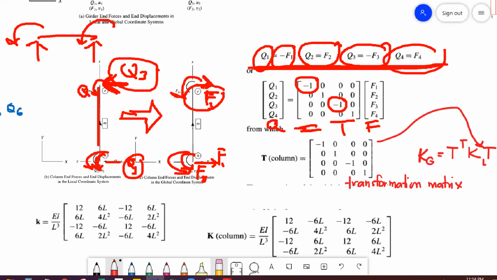And this now serves as your transformation matrix for a column.